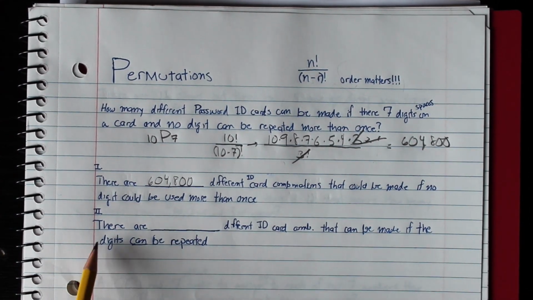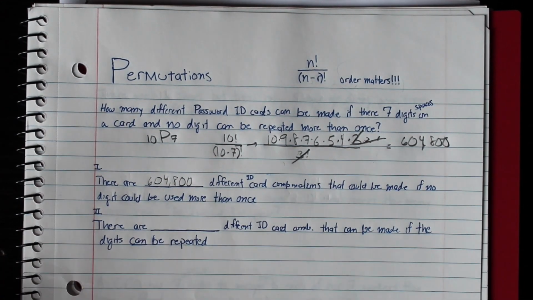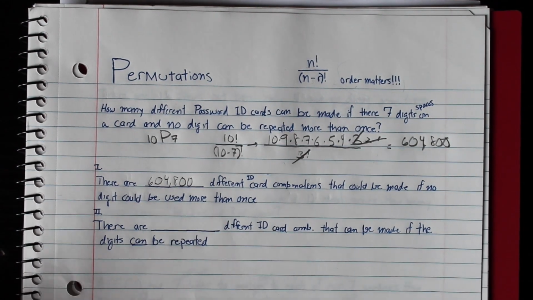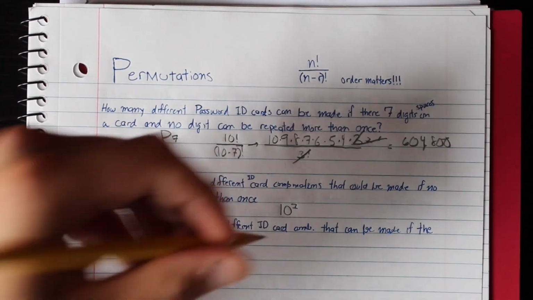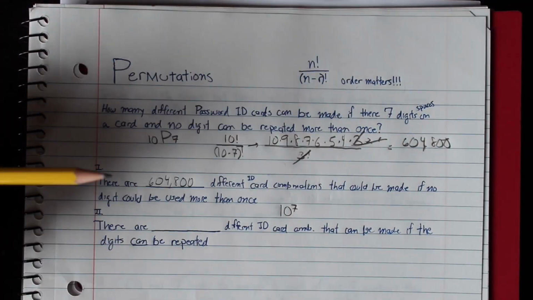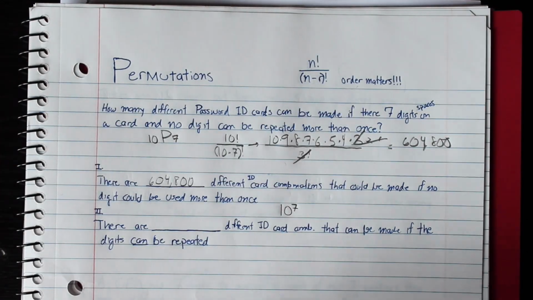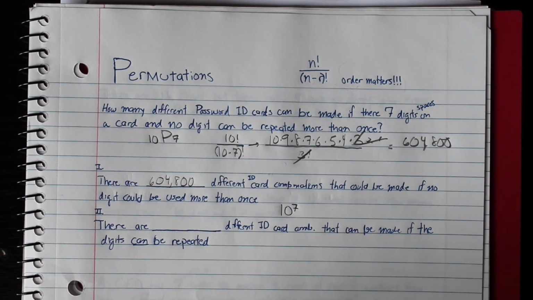Now what if they could be repeated more than once? That's actually very simple, because what we do now is it's really just 10 to the power of 7, because those can be repeated. The thing with permutations, and factorials rather, is that the factors decrease as you multiply. Like 10 factorial would be 10 times 9 times 8 times 7.